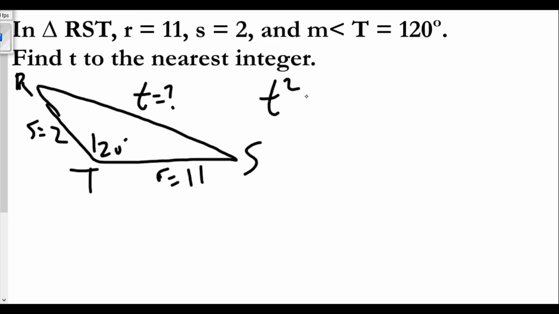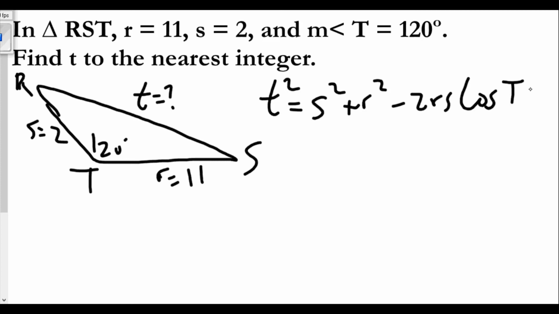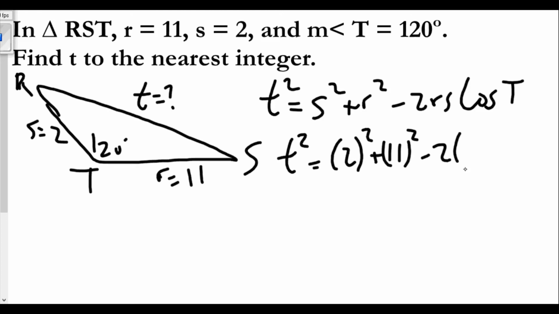So t squared is equal to s squared plus r squared, or r squared plus s squared, minus 2rs cosine of angle T. So here we got t squared is equal to 2 squared plus 11 squared minus 2 times 2 times 11 cosine of 120.